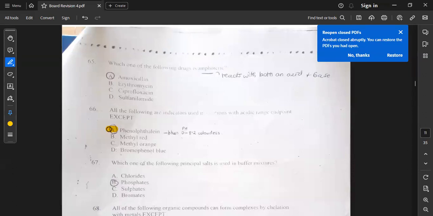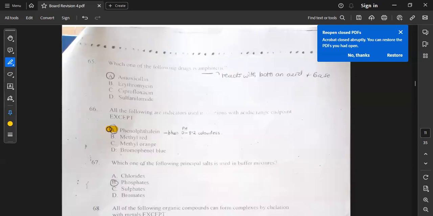So phenolphthalein and that related moiety, thiophthalate, alizarin yellow, thymol blue, phenol red, and bromothymol blue. So there it's phenolphthalein, and we've seen the other indicators used for the endpoints for basic reactions. Right.